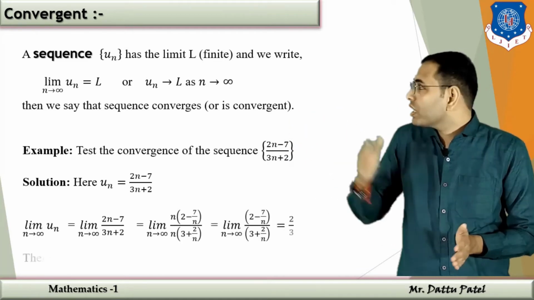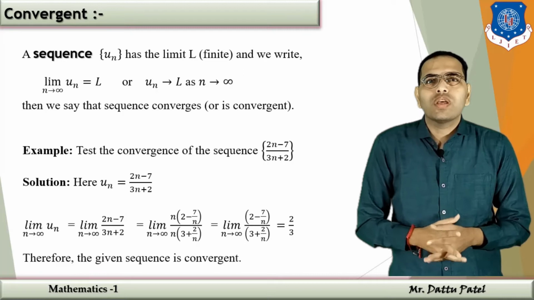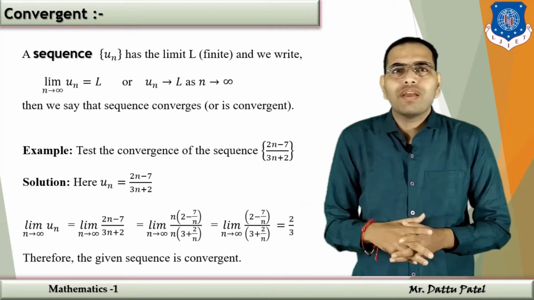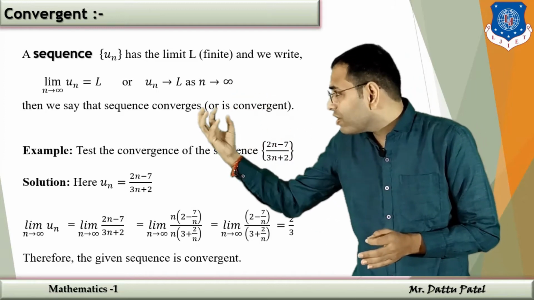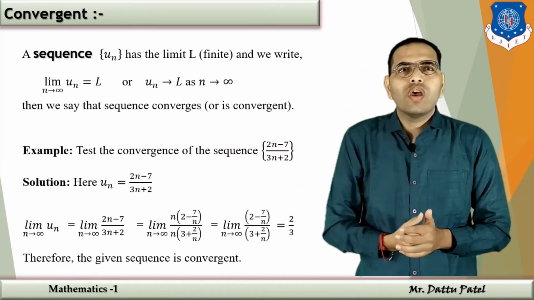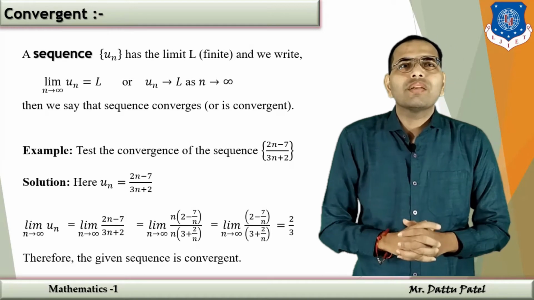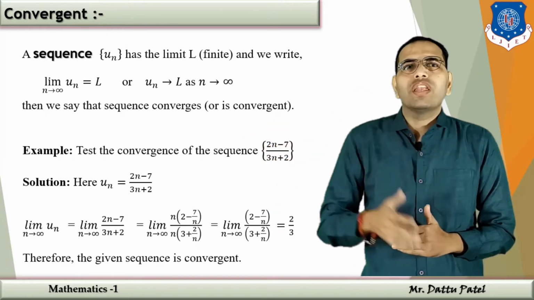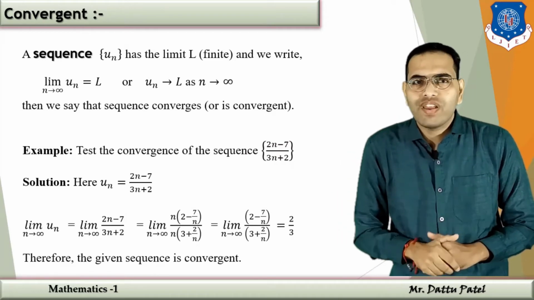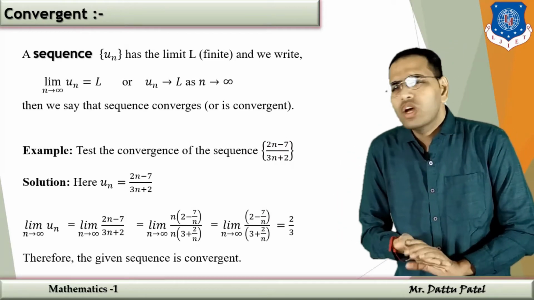Test the convergence of the given sequence, which is (2n minus 7) upon (3n plus 2). Firstly, whatever the sequence is, that is our un, so un equals (2n minus 7) upon (3n plus 2). Now applying the limit n tends to infinity to un, we get limit n tends to infinity (2n minus 7) upon (3n plus 2).